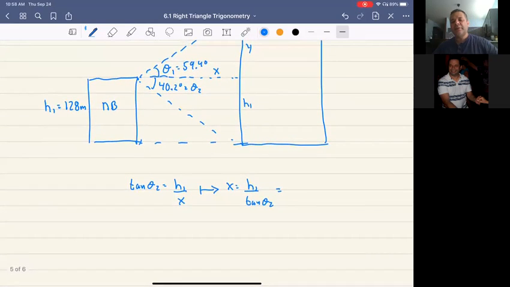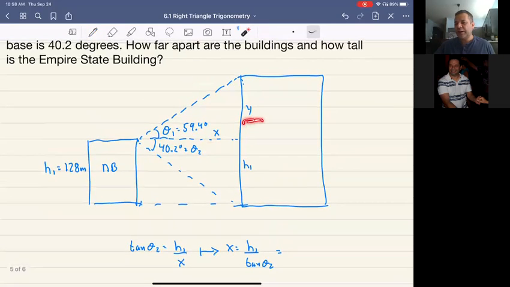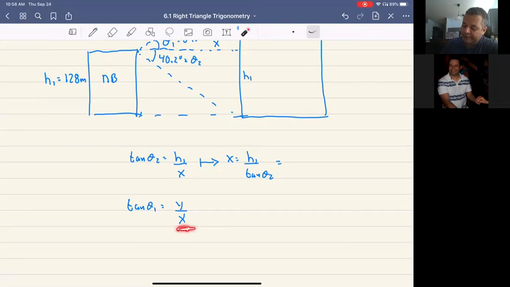Okay. Now, once we have x, we just need to find this y. Okay, but y over x equals tangent of theta 1. Assume we know this x because we found it here.